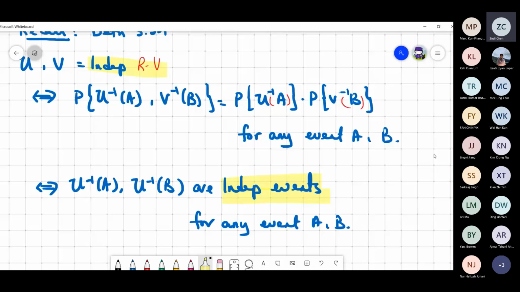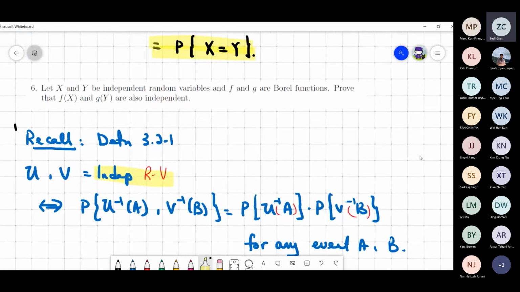Okay, go back to our question. I think it's quite difficult here. X, Y independent, F, G Borel, we want to prove that F(X) and G(Y) are also independent.